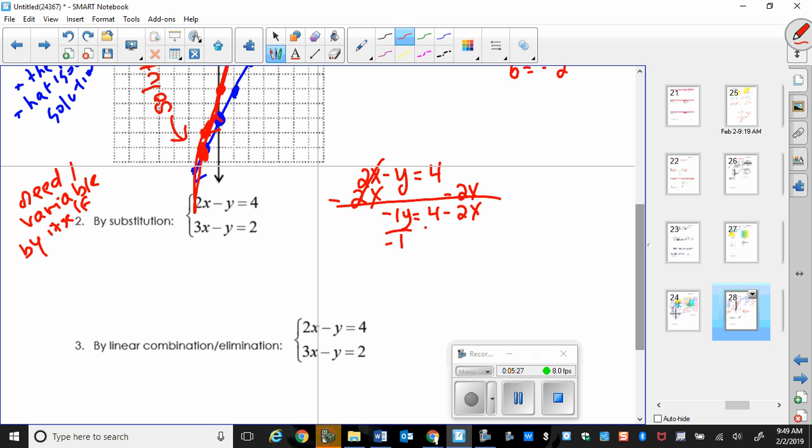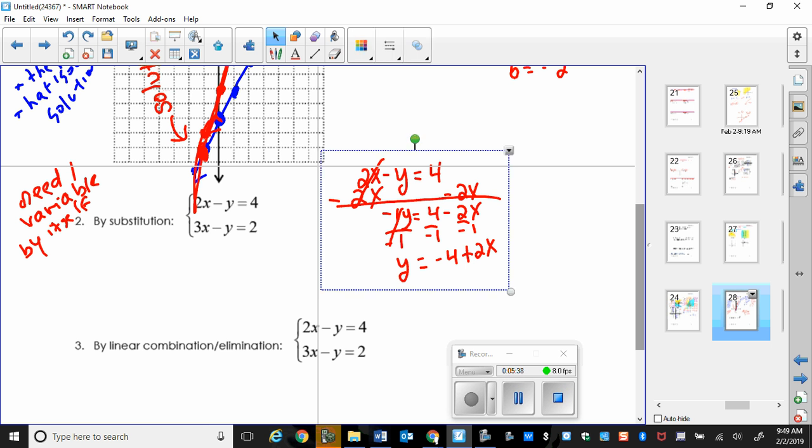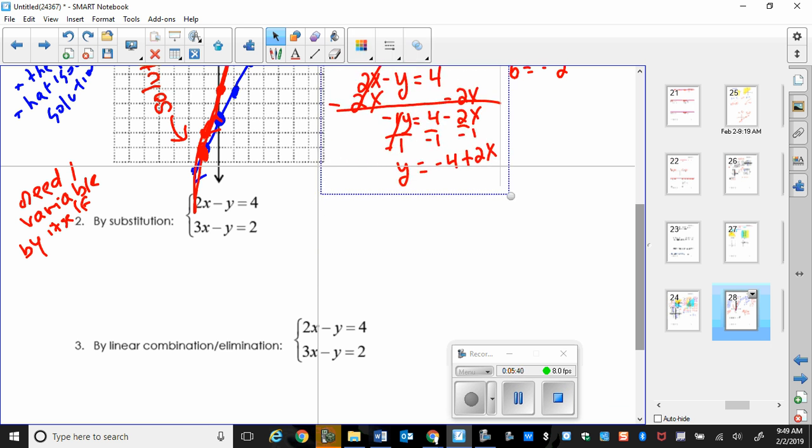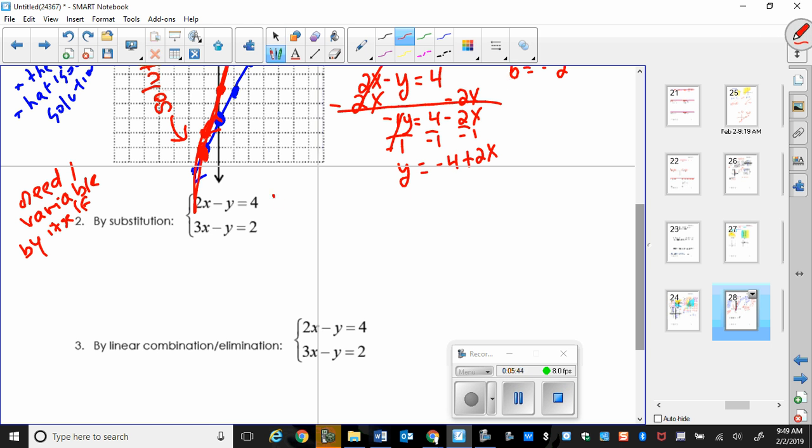Divide both sides by negative 1. And I get y equals negative 4 plus 2x. So I have, at this point, one equation with the y by itself. So I'm going to rewrite that equation. I have y equals, I'm going to write the 2x first, 2x minus 4. For my second equation, it just remains the same for this process we called substitution.